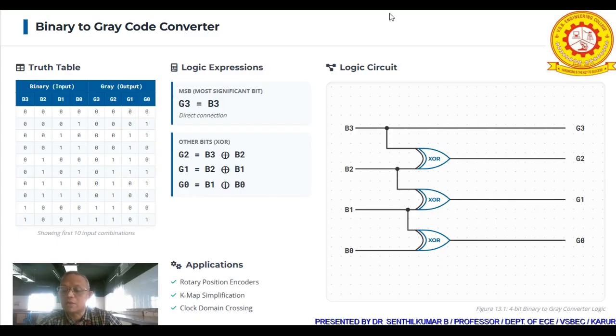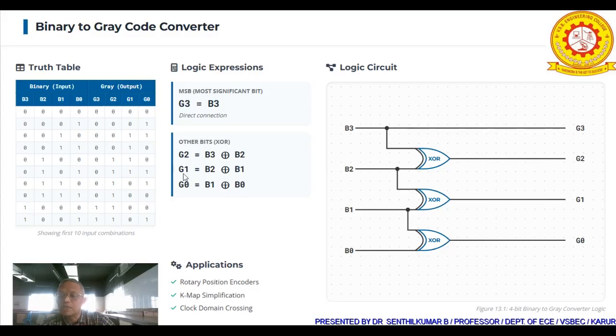Then we go for the implementation. See how you are getting G3 is equal to B3. When you refer to the column itself you can easily identify it. In B3, only the last two rows have 1.